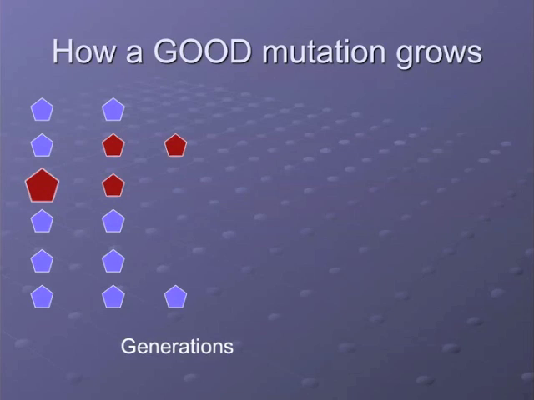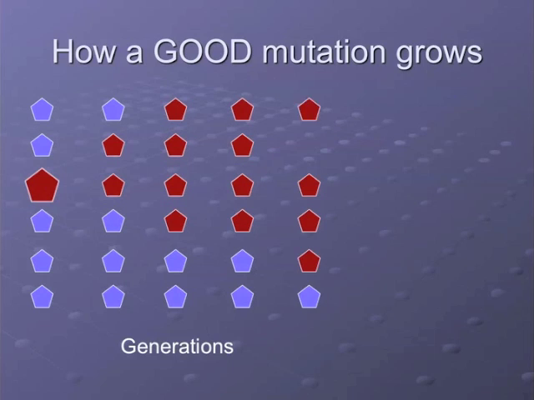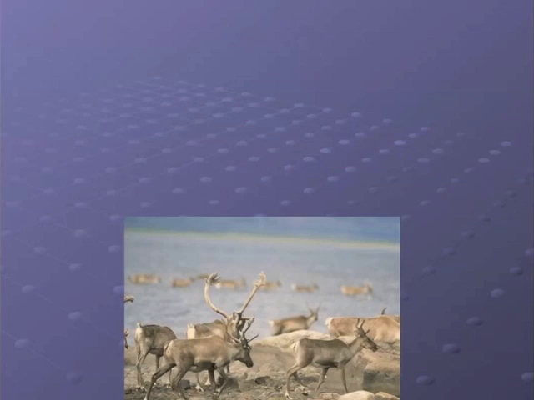And then in the next generation, it grew even more because those ones also had more babies and were able to survive better, so they were able to have even more. The next generation, it might level off, but then eventually it becomes a commonplace mutation. It becomes more common than the unmutated. So the one red that started in generation 1, now you have 5 reds and 1 blue. So that's how the good mutation grows.